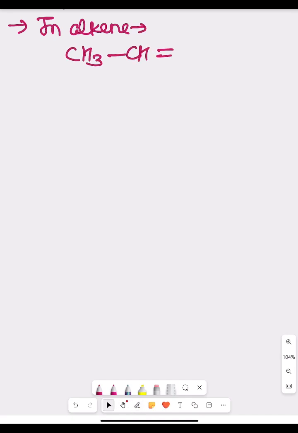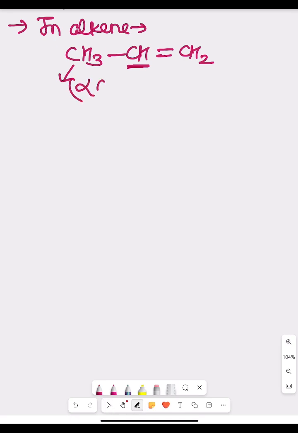Let's turn to the next. That is your alkene. Now here, this is your directly double bonded carbon atom.